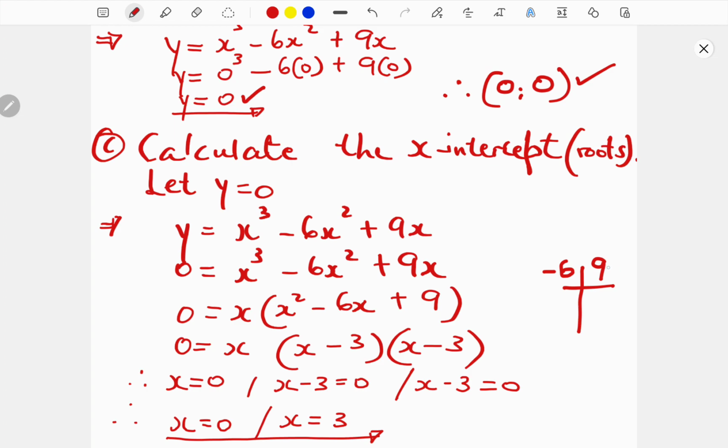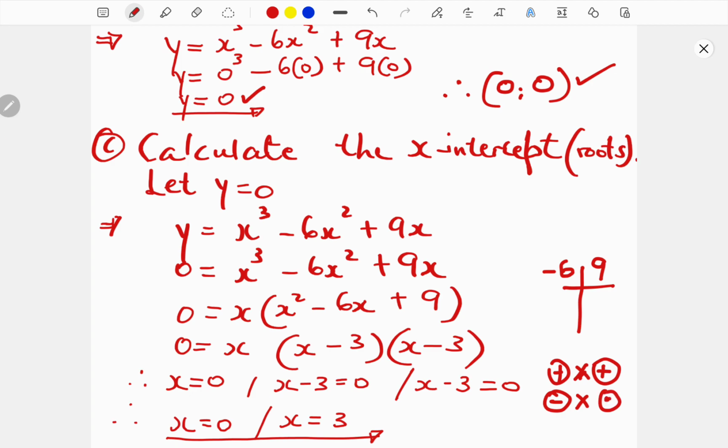For us to have positive 9, it's either you are multiplying a positive times a positive, or you are multiplying a negative times a negative.